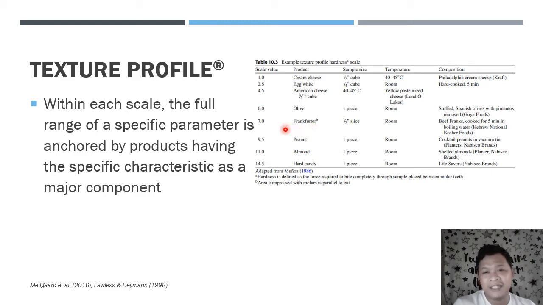Kasi who decides that the difference between an olive and the frankfurter is 1? And the difference between hard candy and an almond is 3.5, diba? So, at the very least, ordinal ito. Although, technically, dahil may number siya, statistically treated siya as parametric data, which is a bit troublesome.